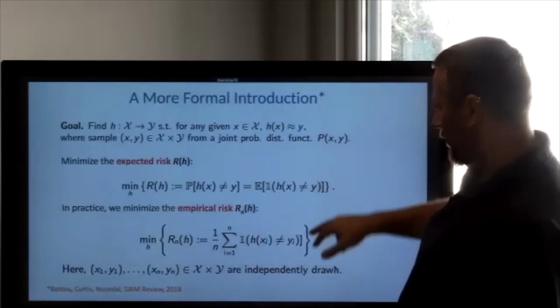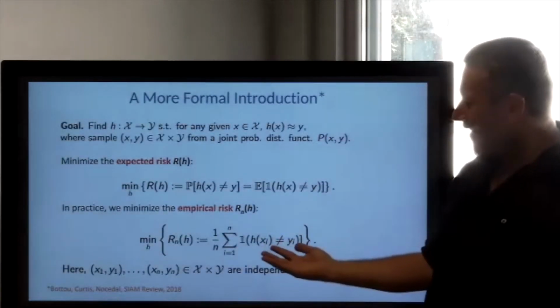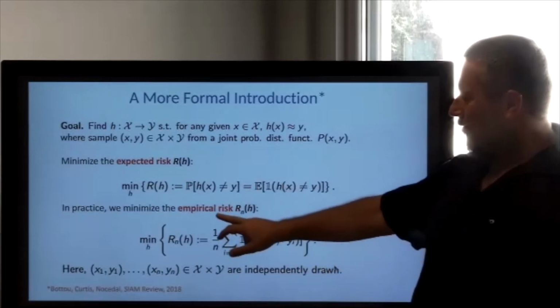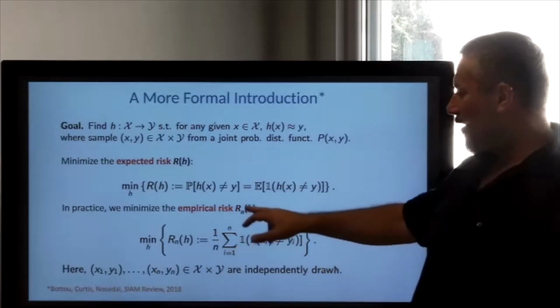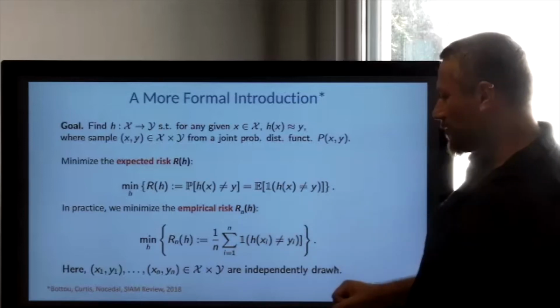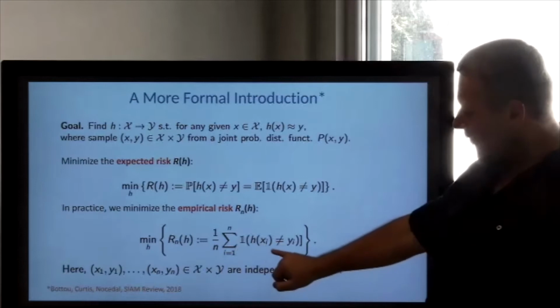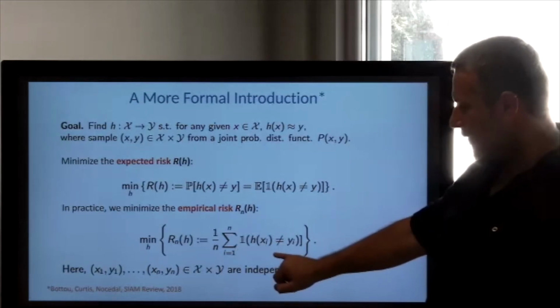As you will remember, the function that we are going to minimize is what is called the empirical risk, Rn of h. So we want to minimize this function, which is this finite sum, right?